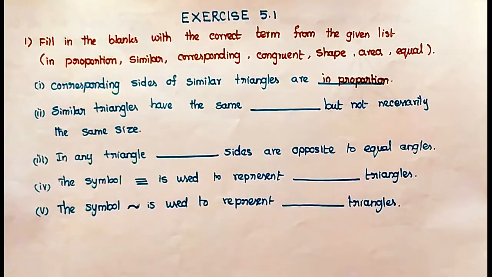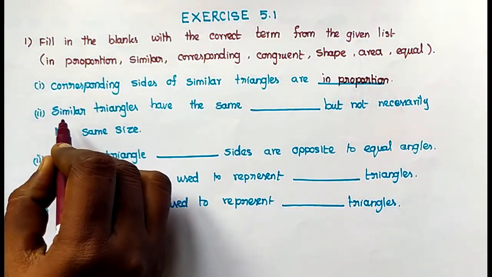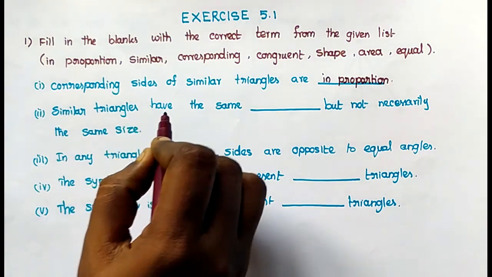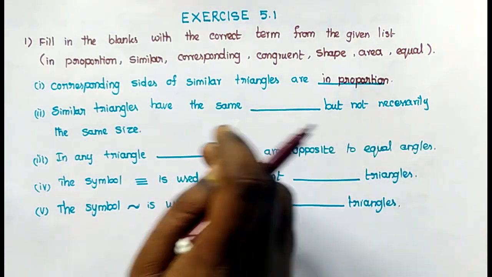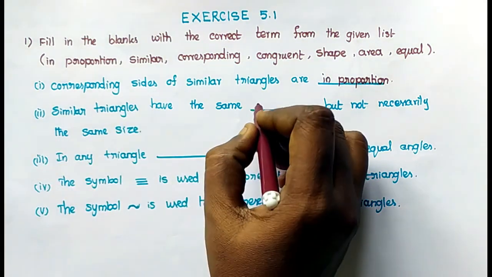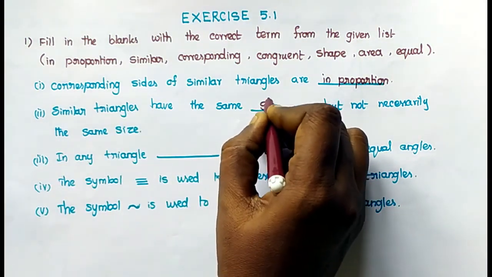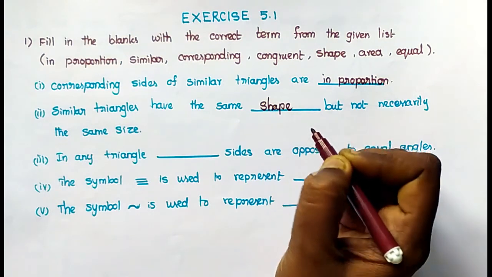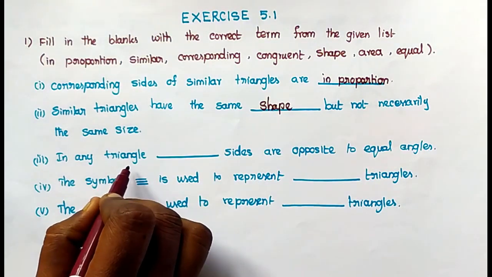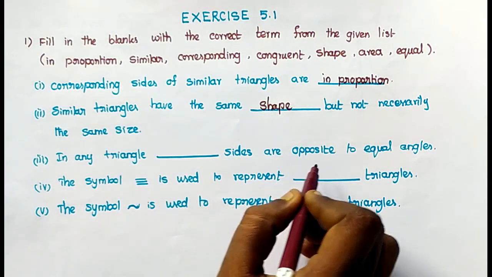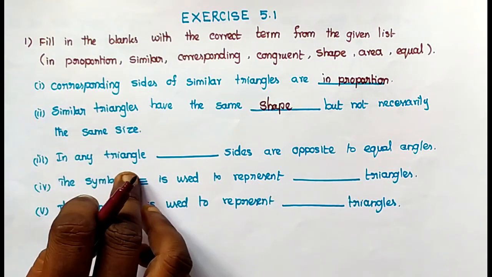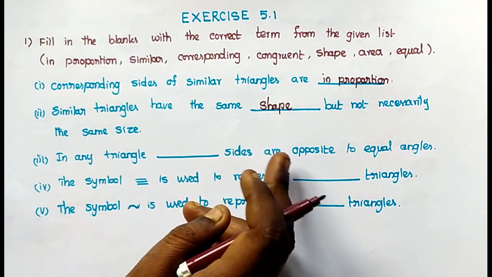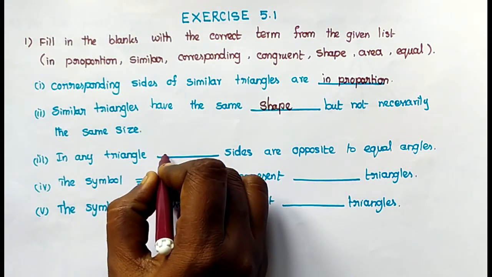Next one, second one, similar triangles have the same shape but not necessarily the same size. So, same shape. Next one, in any triangle, equal sides are opposite to equal angles.